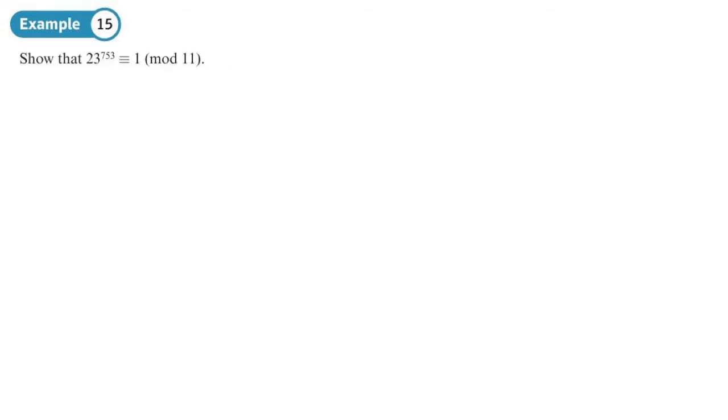Okay, now we get on to some problem solving questions, and we always tackle these in the same way. You'll get these questions where you've got big powers, big numbers like this. Our aim is to reduce the number into a smaller number that we can actually calculate easily, probably without a calculator.